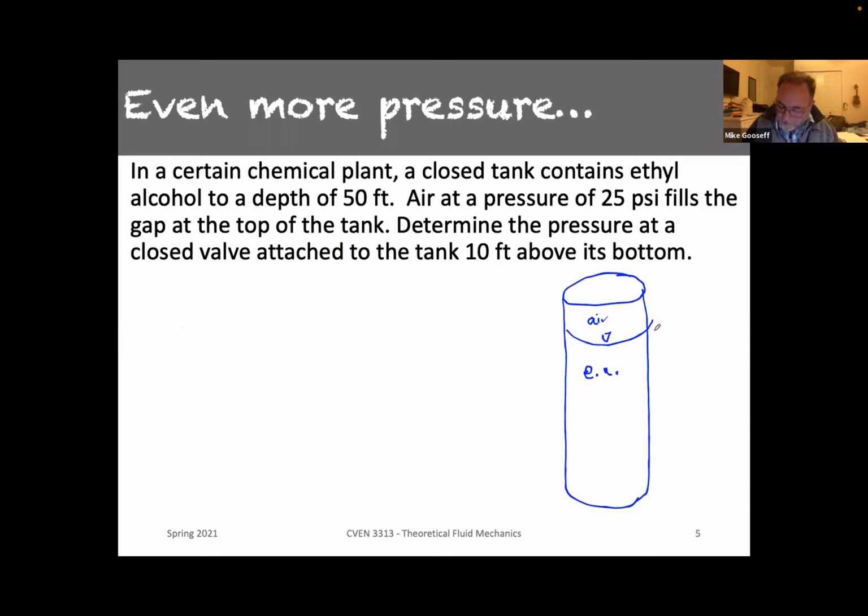All right, and what we know is that this total height down to the bottom, the height of the ethyl alcohol, is 50 feet. Okay. So the question is, determine the pressure of a closed valve attached to the tank 10 feet above its bottom. So here, we can just draw a little valve here and just say that this height is 10 feet above the bottom.